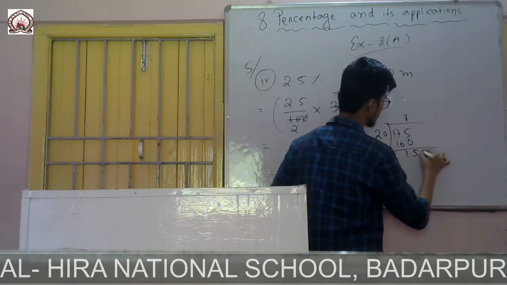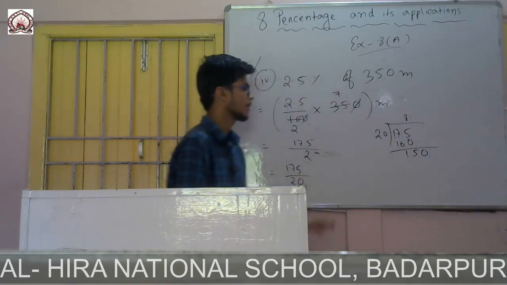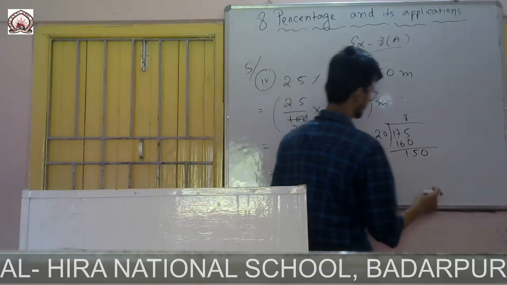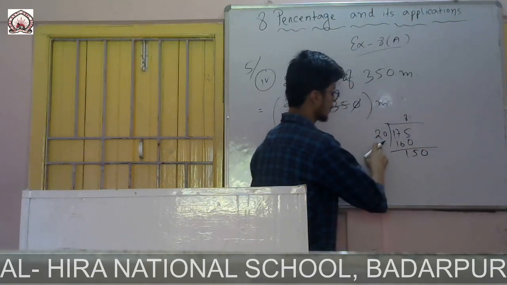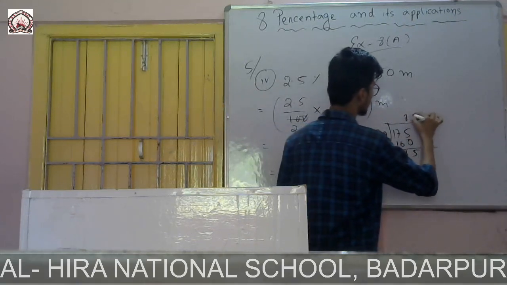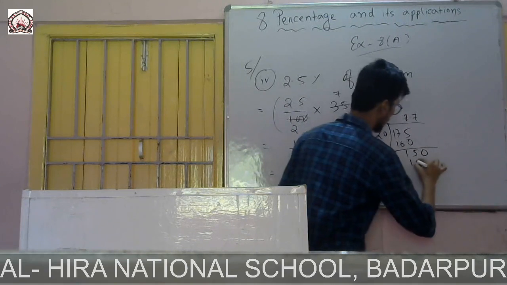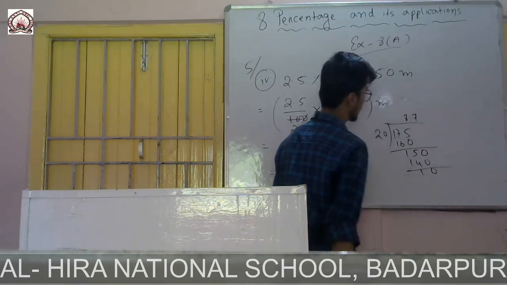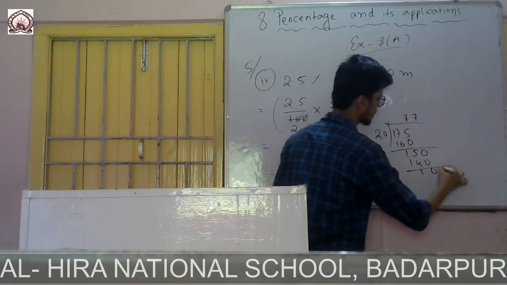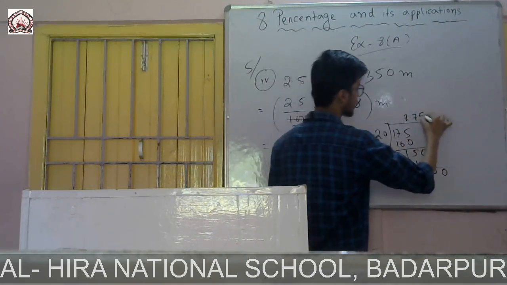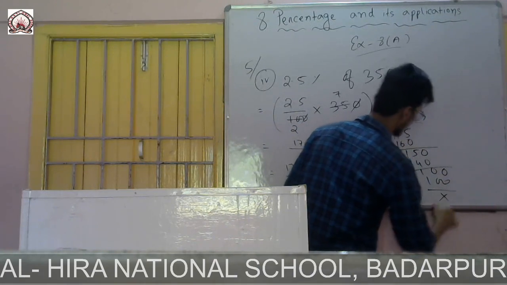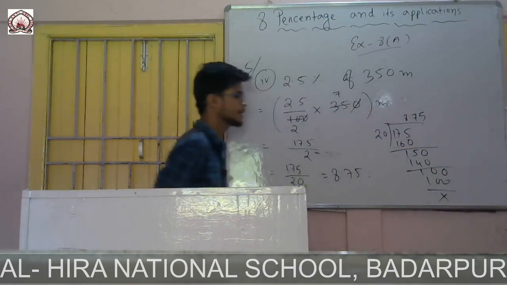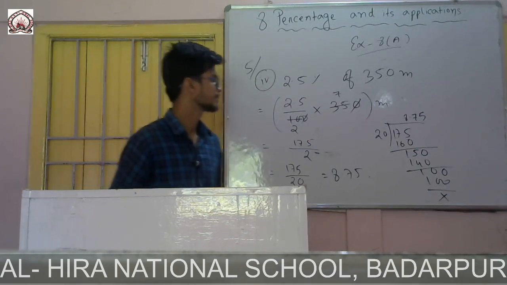So by putting one decimal, I can take 0, 150. Then 7 twos are 14. That means 7, 2 sevens are 140. They are left 0 and they are again left 10. So since decimal is there, I can put another 0. 2 fives are 100. Answer is 8.75.